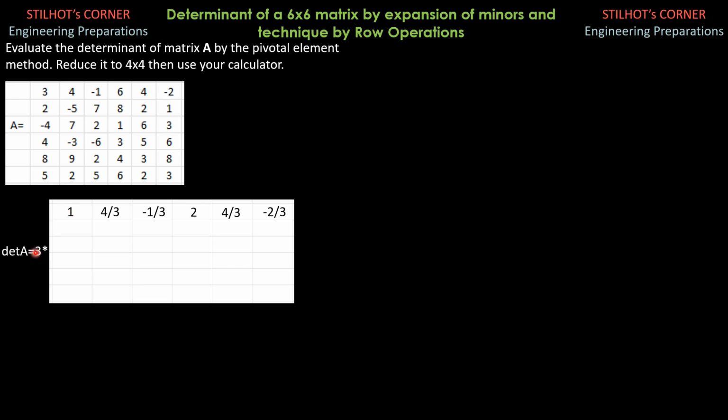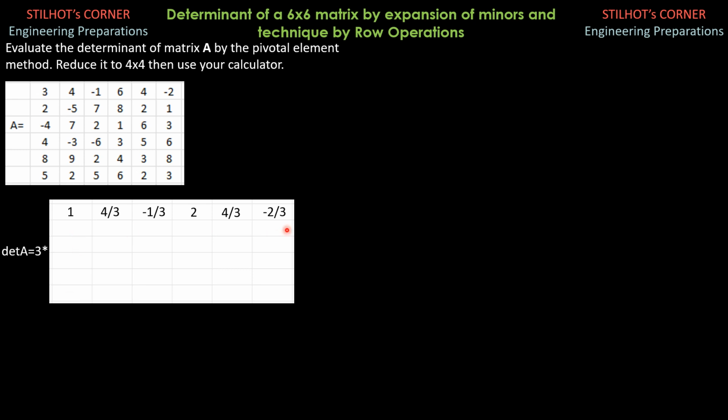So the determinant would be the determinant of this new matrix, but the objective is to make all these elements in a row zeros. But I prefer to make all the elements in this column zeros.